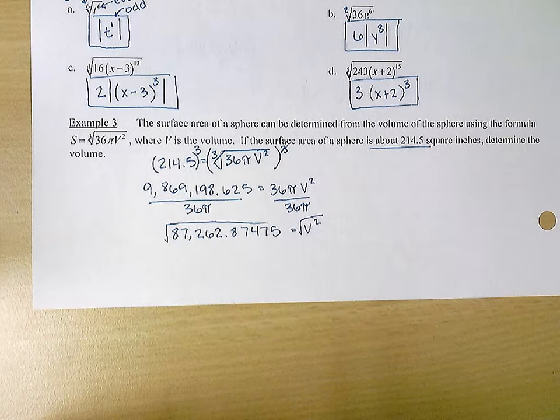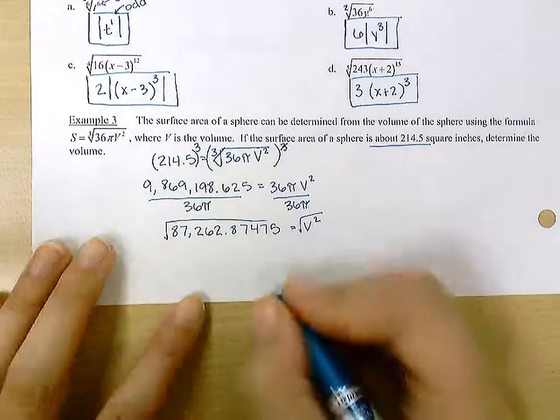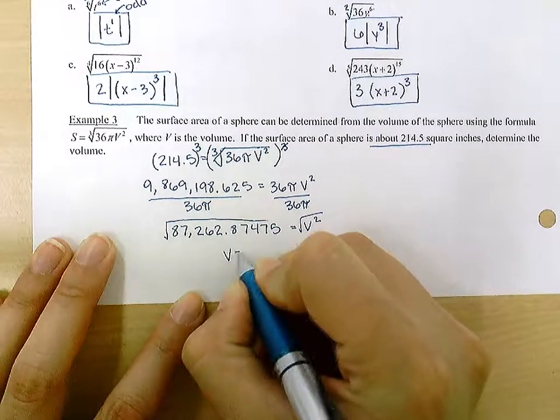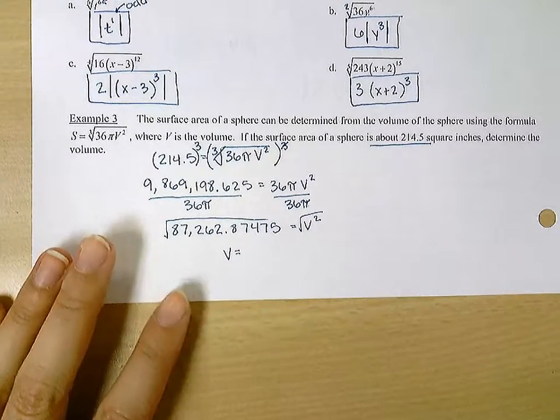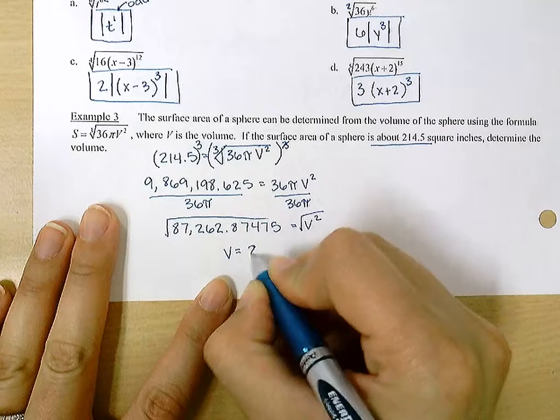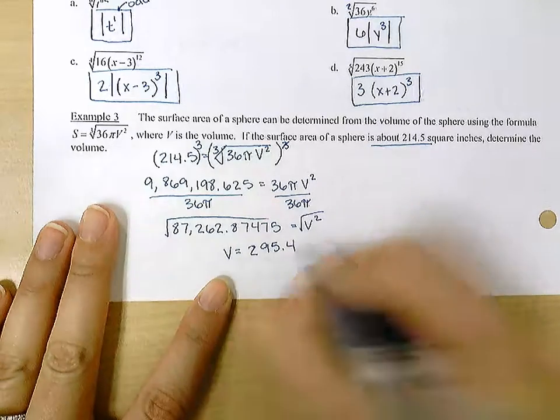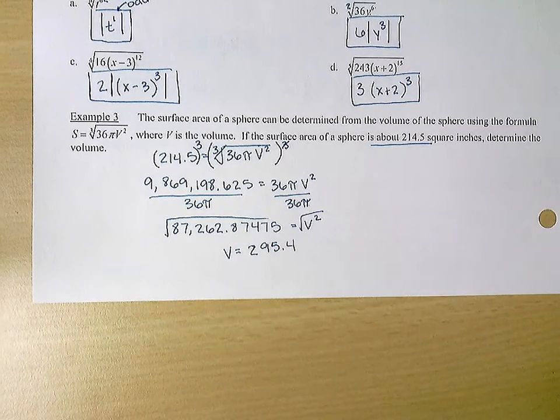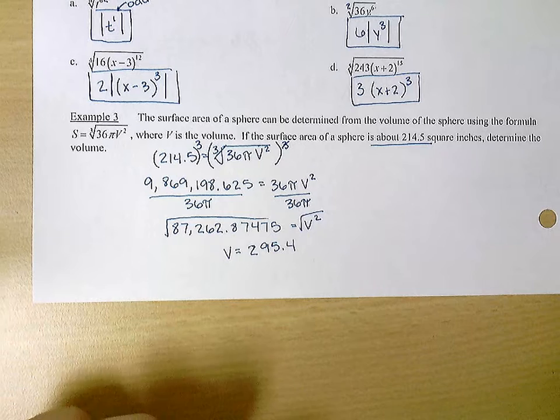I mean, I rounded to the 10th. So once you take the square root of that 87,000, you get the volume to be about 295.4. And that'll be in cubic inches. Okay. Yep.